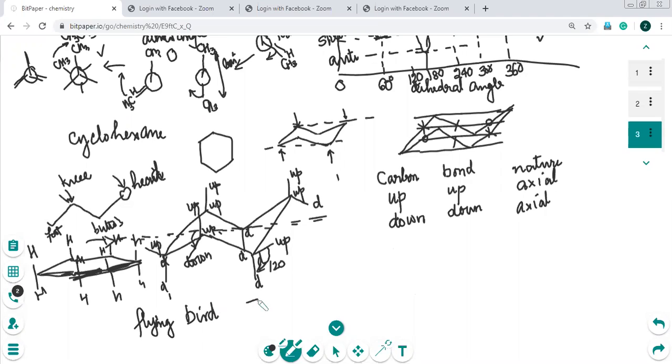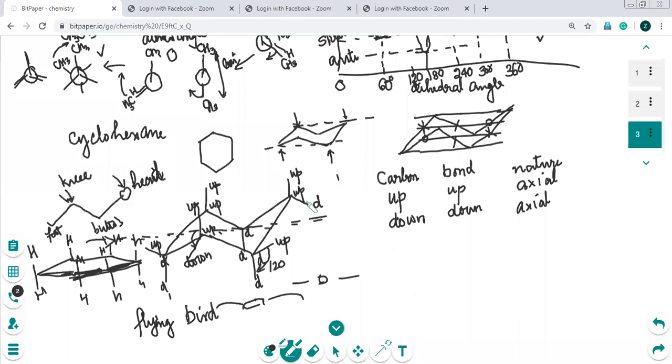Or you take an aeroplane. If you look at an aeroplane from the front, the wings will be parallel to the body, neither up nor down. So those which are in the plane of this ring are called equatorial bonds.